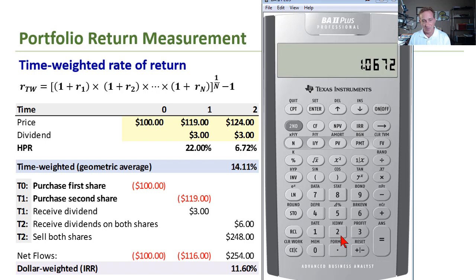There may be other ways to do this. I store each of the sub periods. So that means I can go back now and link or chain them together by recalling the first sub period, that is 1 plus my holding period return, and I multiply by recalling the second, 1 plus my second sub period's holding return, equal them, and then I need to exponentiate here, raising to the 1 half, right? 1 divided by 2, which is the same as taking a square root.